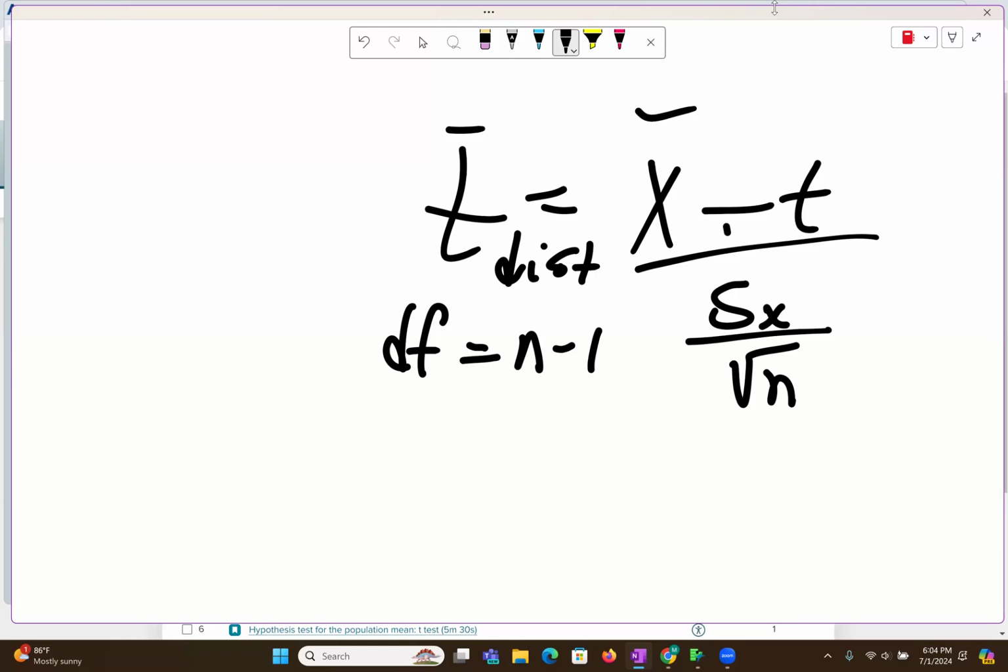As you have questions, we're going to hit you with one question after another. There's more than one type of t-test, so we're going to pay attention. Did you copy this down? By the way, this mu is the population mean.